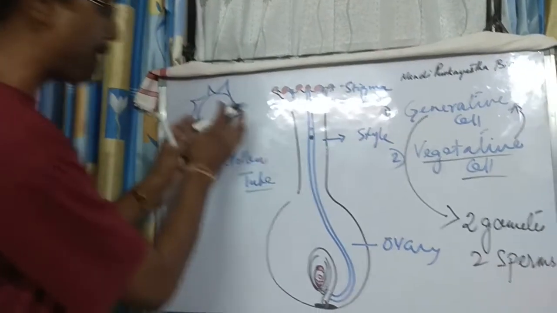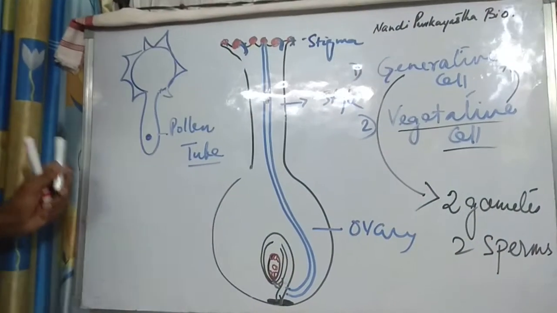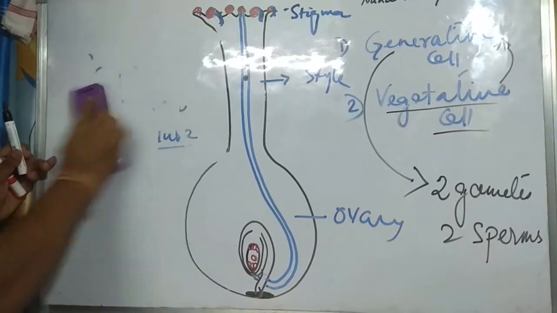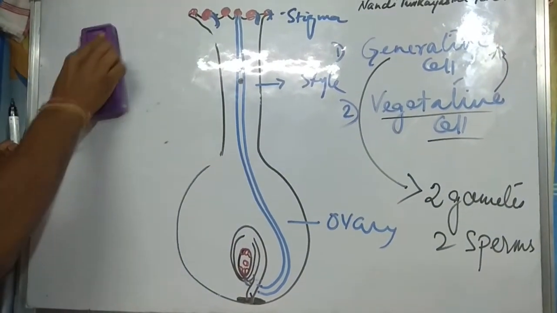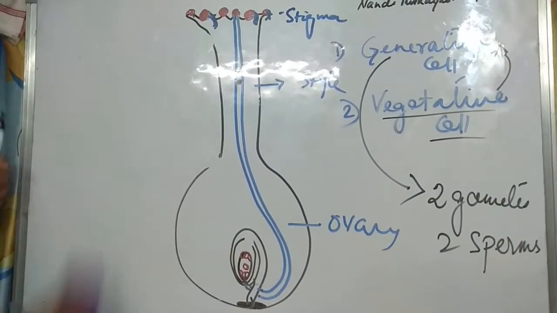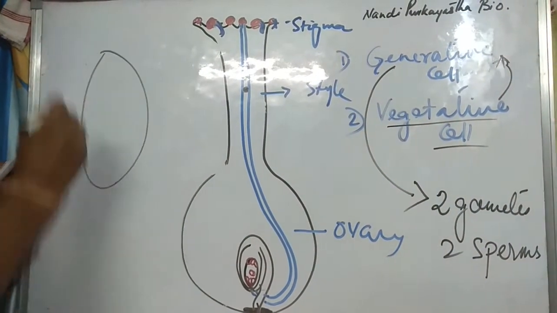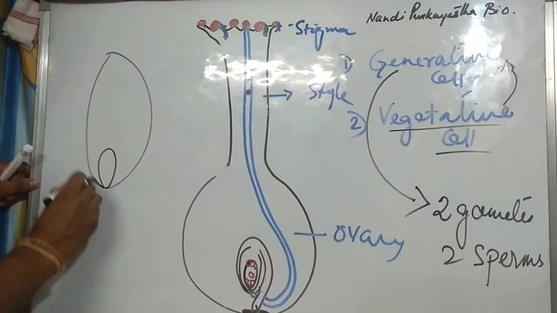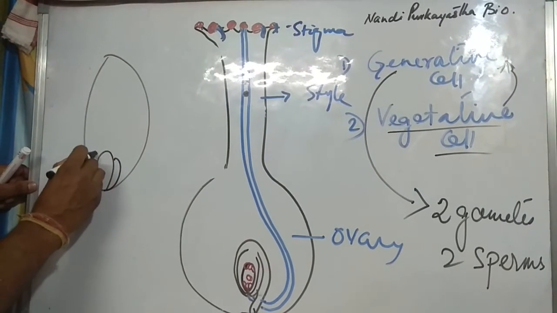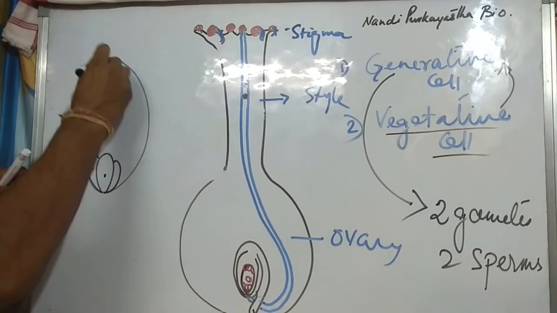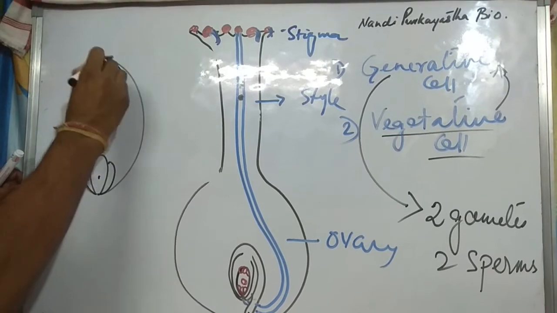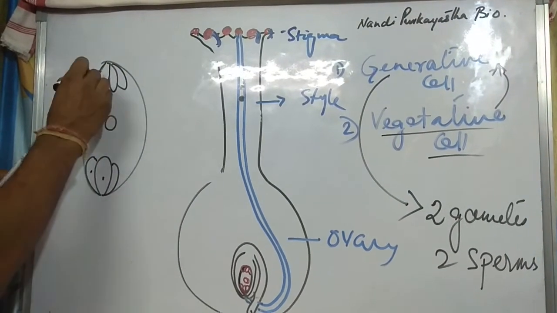See this one, I am also making the elaborate diagram. You put a concentration here. This one we have drawn. How? See this one. Here there are 7 cells.